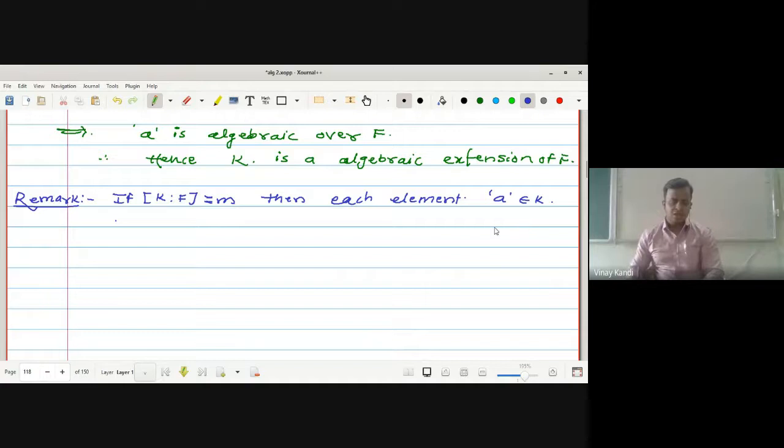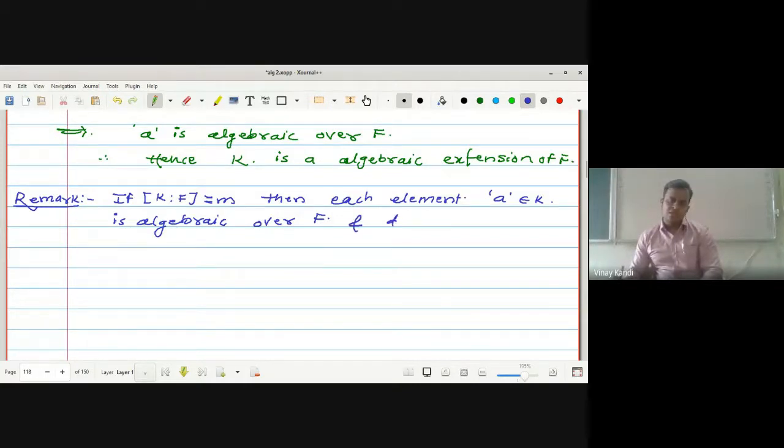This is a finite extension. Each element A belonging to K is algebraic over F. Okay, but this K is an algebraic extension of F.